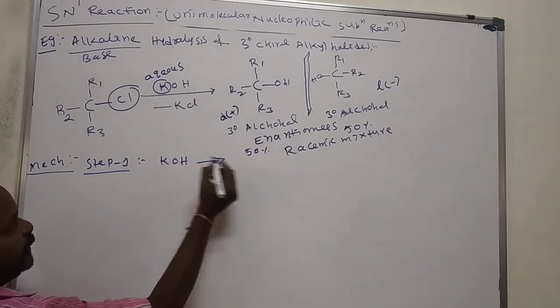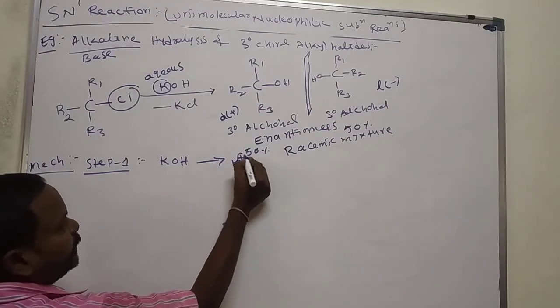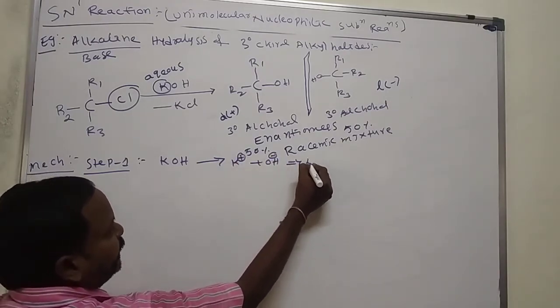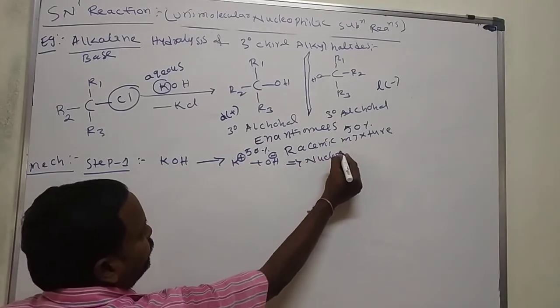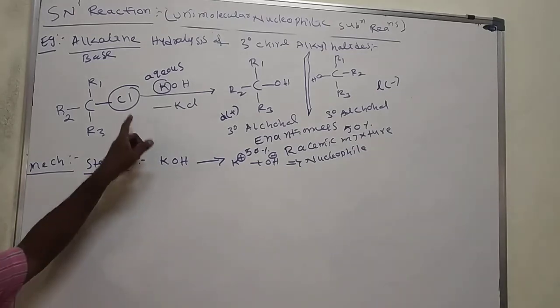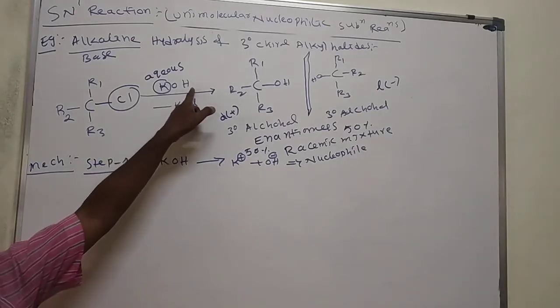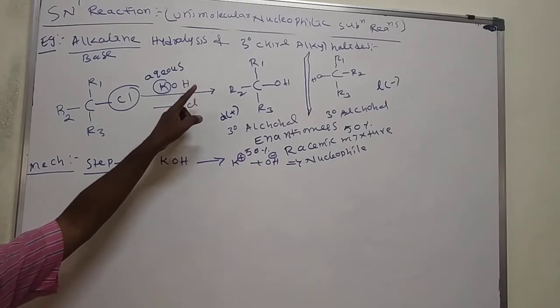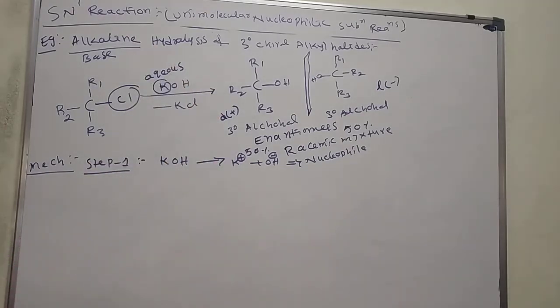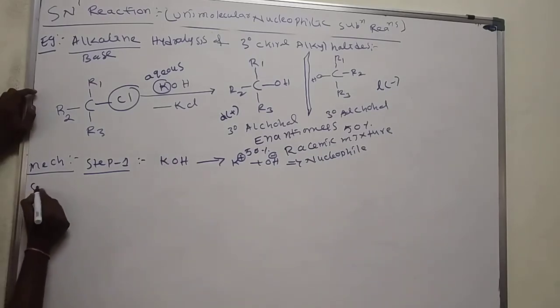That means KOH converts into K plus and OH minus. Here this is the nucleophile. It is called nucleophilic substitution. See, Cl minus is substituted with OH minus. That's why it is called a nucleophilic substitution reaction.